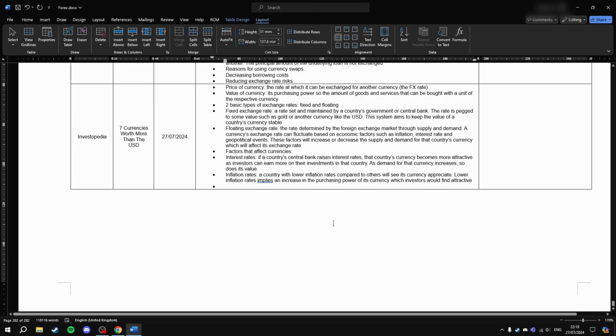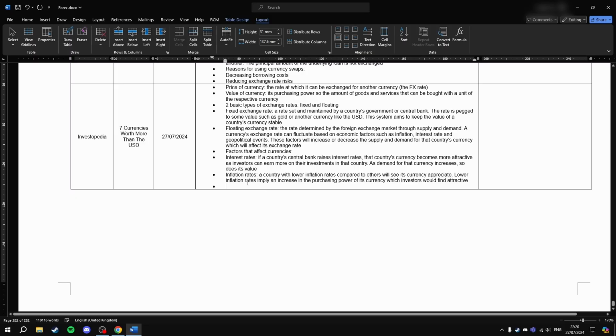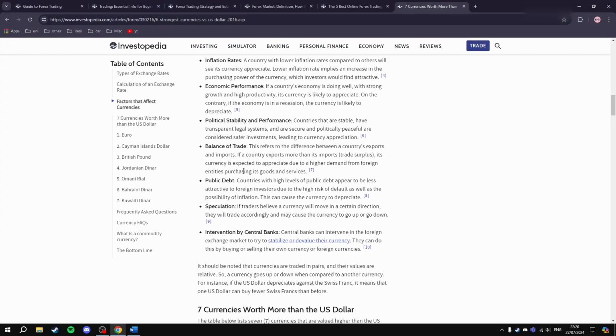Because you can buy more stuff with the same amount of cash. So if investors find it attractive, then the demand for it is going to increase, which would increase its value.